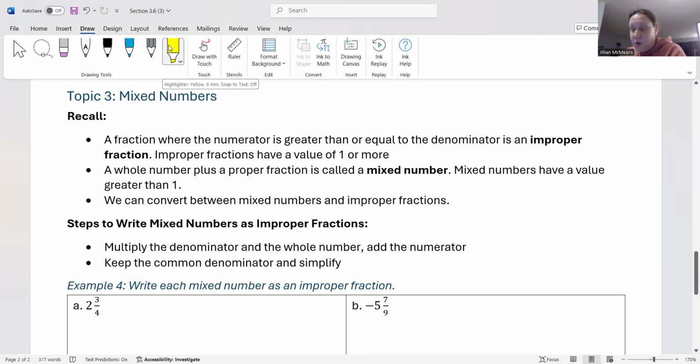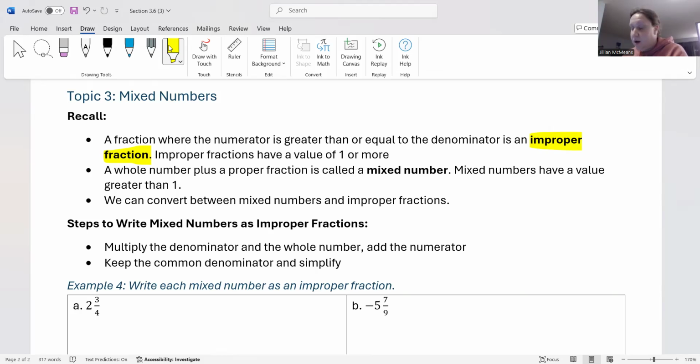A fraction where the numerator is greater than or equal to the denominator is an improper fraction. Since the numerator is greater than or equal to the denominator, improper fractions have a value of 1 or more.